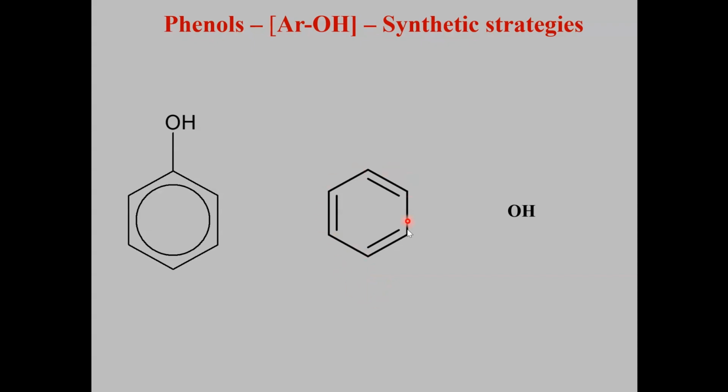Now, to make the carbon in the benzene ring a positive center, what should I do? I should attach an electron withdrawing group to it so that the carbon to which it is attached becomes electron deficient. One of the methods to increase the positivity of the carbon is benzene diazonium chloride.